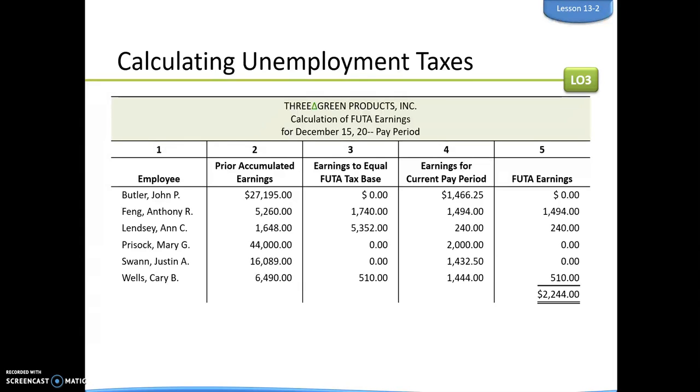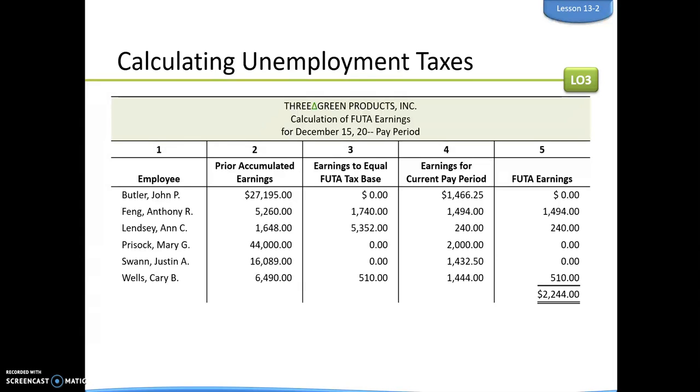Calculating unemployment taxes. Unemployment taxes are paid on the first $7,000 per year that an employee makes. So if you look at John Butler, his prior accumulated earnings is $27,195.